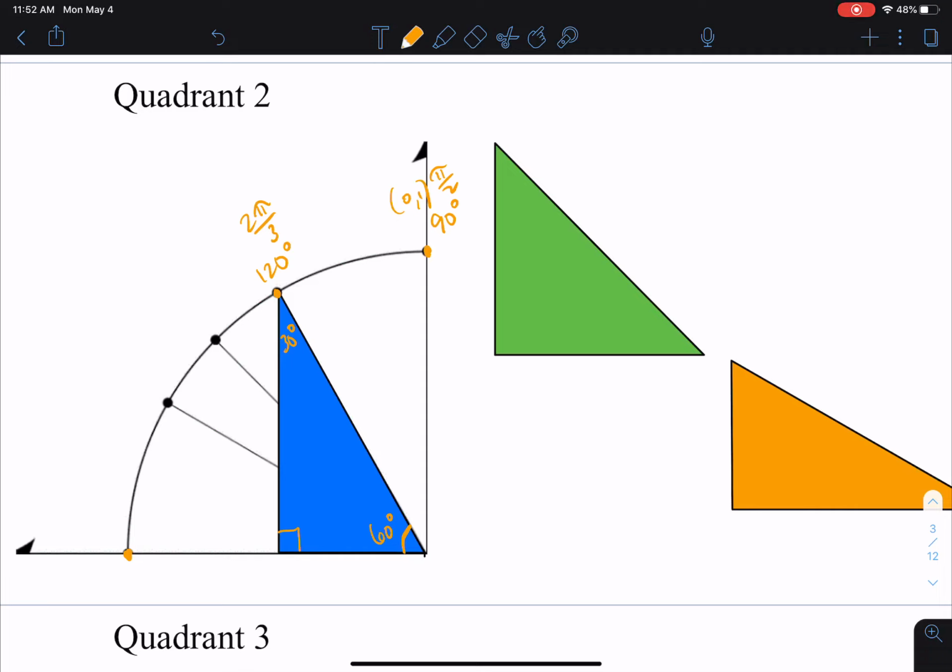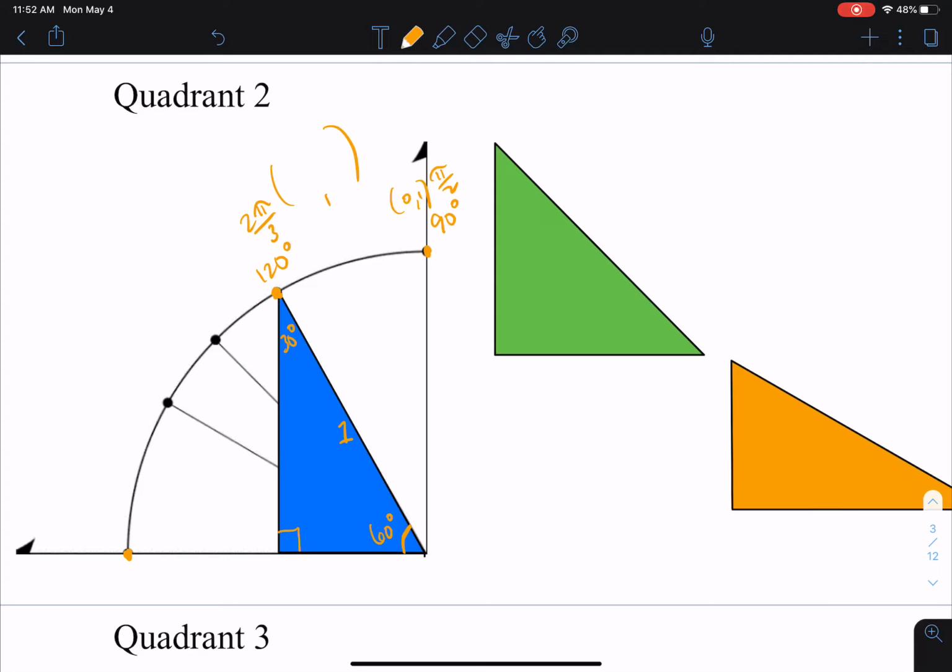Now the coordinates. Where is this one listed? Well, this looks just like what we did in quadrant 1. In quadrant 1, we had a 30, 60, 90 triangle, except it was just in quadrant 1. Now we have the same sides. Obviously, this is still going to be 1 right here, because it's the radius of the circle.